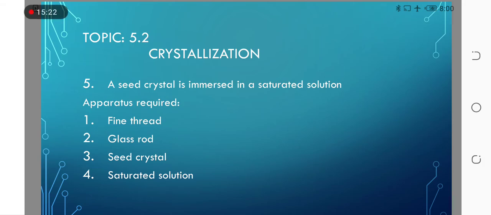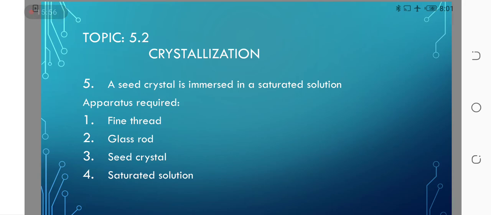So what should we do after acquiring all these apparatus that are shown on the screen? You have to take a small piece of the crystal, which is known as the seed crystal. It is to be tied with the thread and lowered into the saturated solution. Then crystal will form on the seed crystal, making it grow. This method of crystallization is used to grow larger crystals.